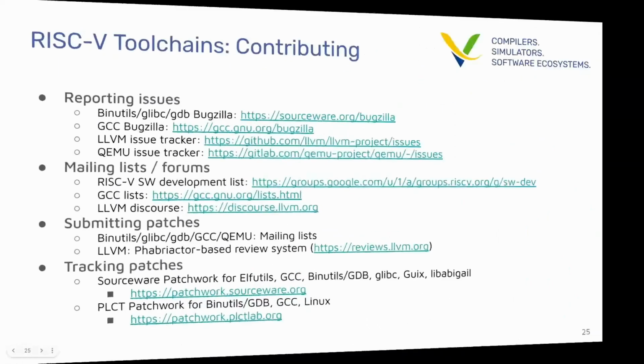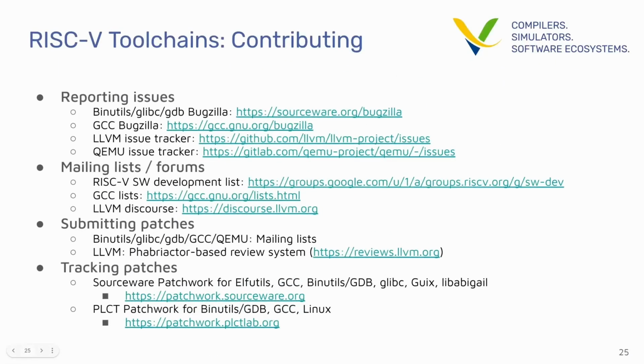If you're interested in toolchain development, there are multiple ways to contribute. All projects have issue trackers, where you can file an issue in case you see a missing feature or a bug. There are also mailing lists and forums for information exchange or discussing technical details.